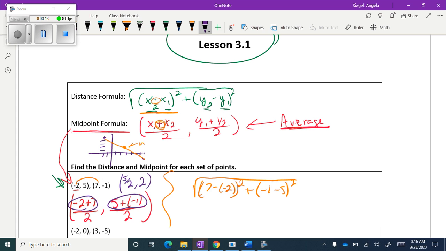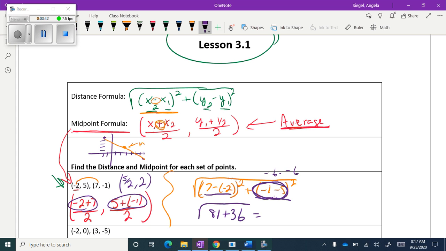So this becomes 9 squared, which is 81. And this becomes -6 squared, which is 36. Remember, even if you have a negative, once you square it, -6 times -6 is a positive 36. So we're always going to be dealing with positive numbers here.